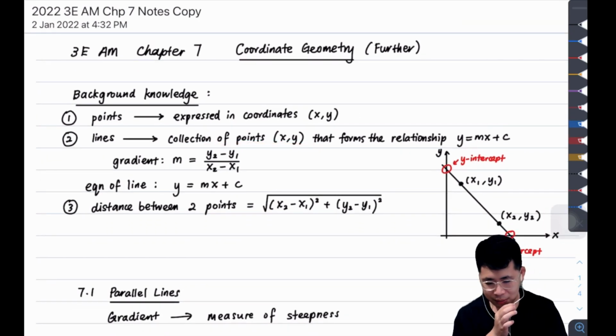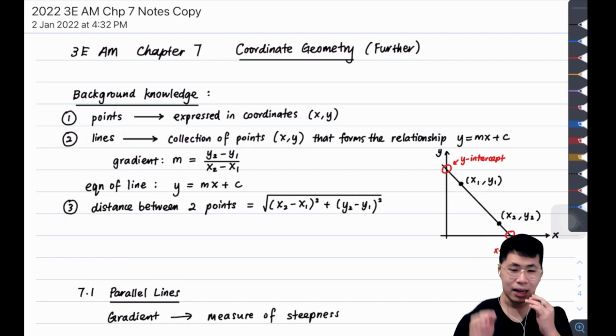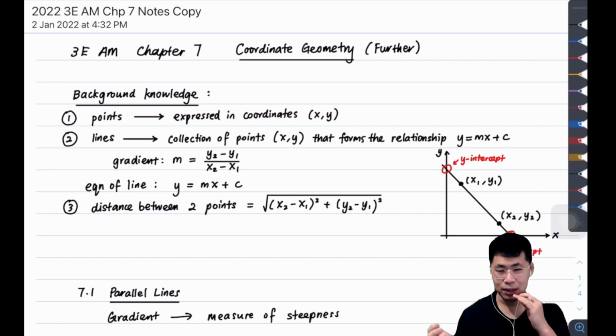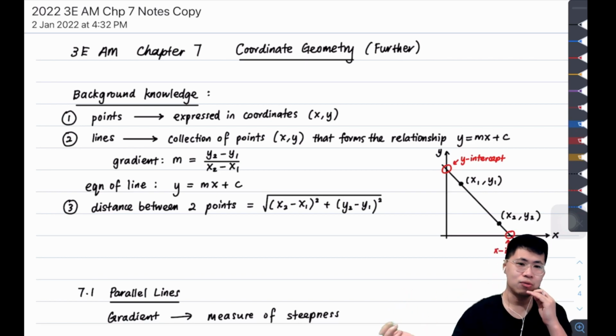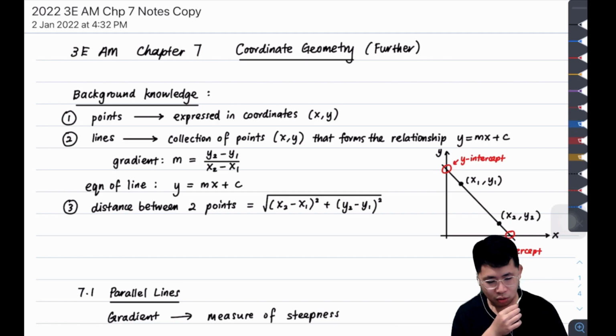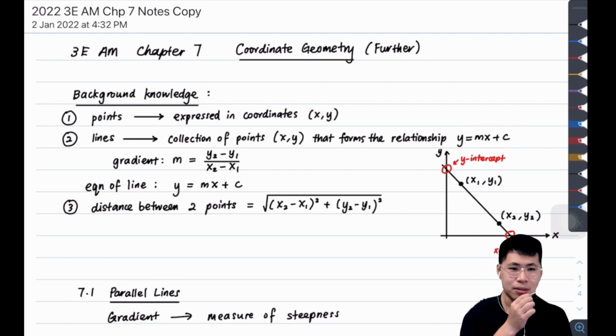One more time here. We have one point with just a single x and y, and a line is actually a collection of points x, y. Because it is a collection of points x, y, this set of x, y form a relationship: y equals mx plus c.